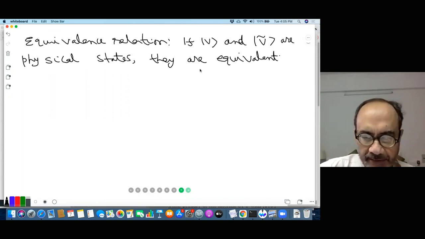Or if you are thinking in the language of quantum field theory, you will say they are gauge equivalent.